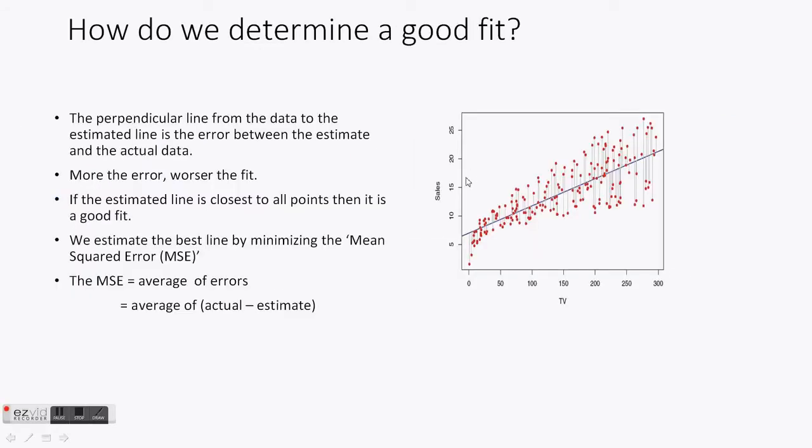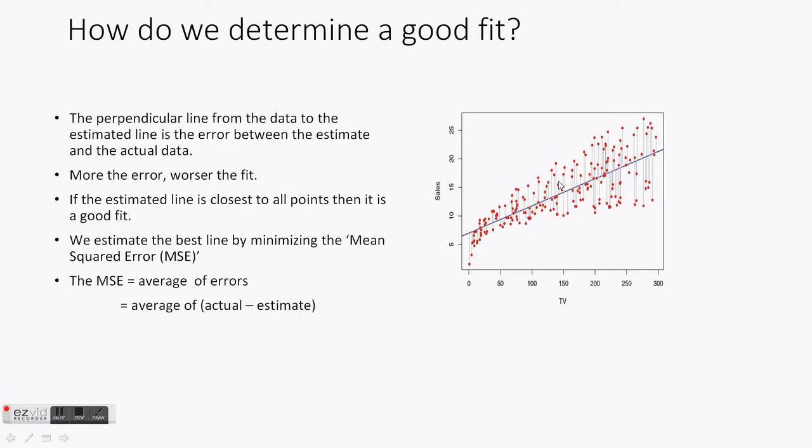So what exactly are we doing when we say we are having a good fit? Let us assume that this black line is the estimated line and these red points are your actual data points.